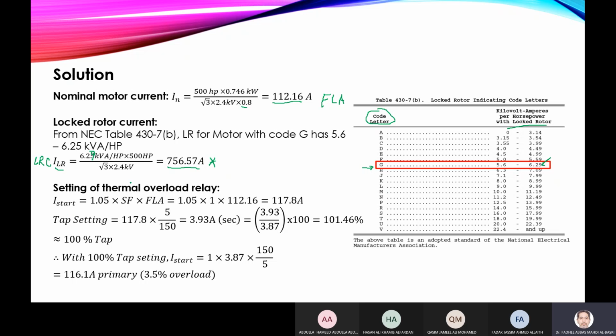So how do we now set the thermal overload relay? The pickup setting for the 49 element: 1.05 times safety factor times full load current. This gives me this current.